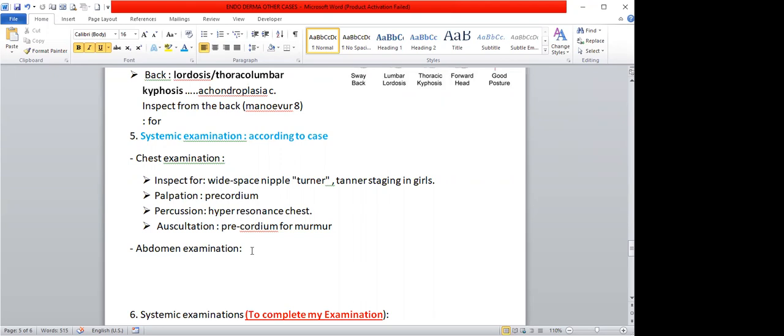Fatty liver in the obesity cases, right? Yes, that is another. In mucopolysaccharidosis, excellent, there may be liver enlargement, spleen enlargement, as well as some kidney enlargement in short stature. And Dr. Pankaj is also right.